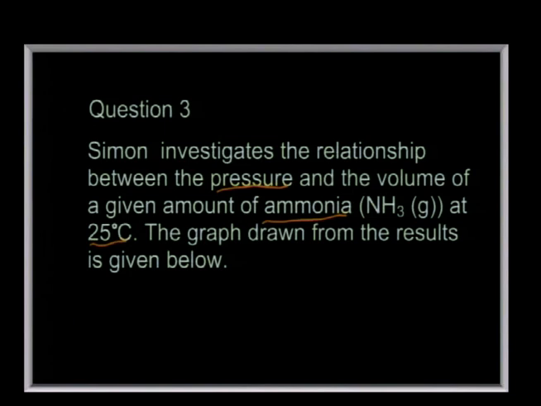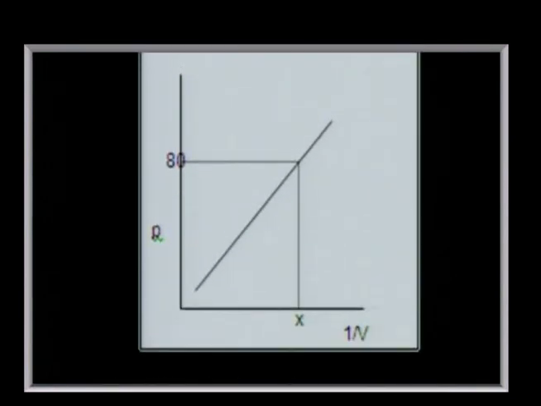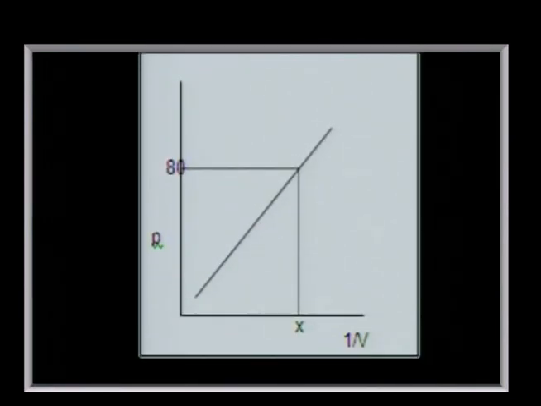The graph drawn from this is given below. So here's our graph. And what it looks like to me is that we've got a certain pressure and we've got a certain value for 1 over volume. And we're going to need to answer some questions on it.